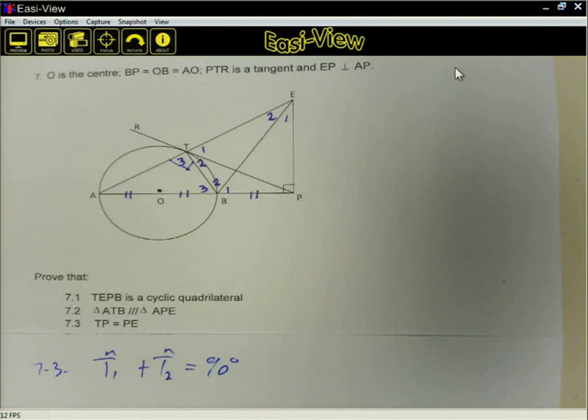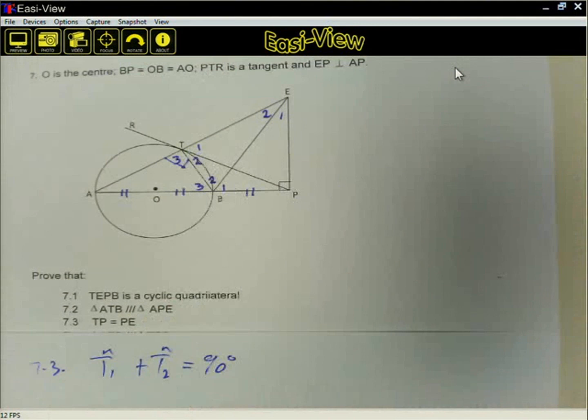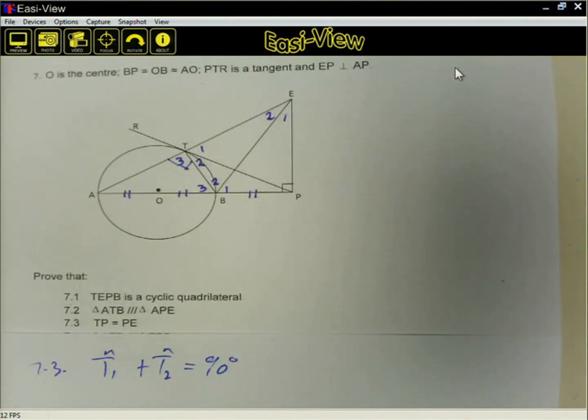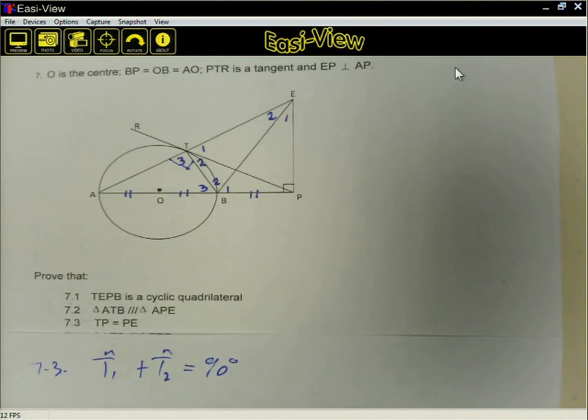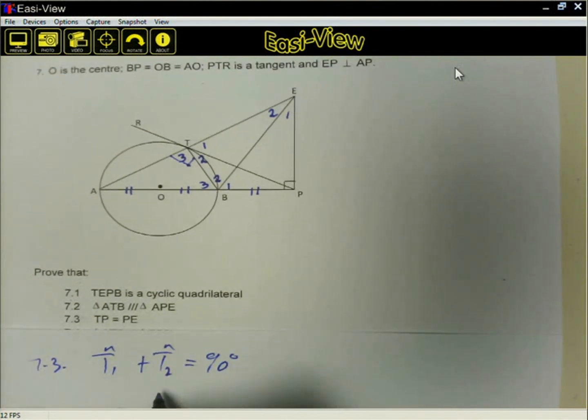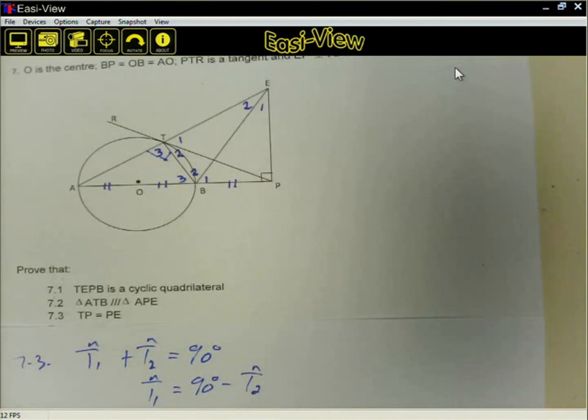Those are the angles on a straight line. Remember, T3 is 90. Therefore, T1 plus T2 is also 90, because you add them all together, they'll give you 180 degrees, angles on a straight line. Therefore, if you make T1 the subject of the formula, T1 will be equal to 90 degrees minus angle T2.